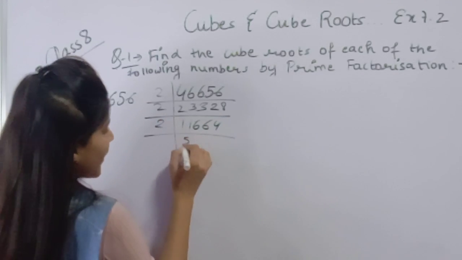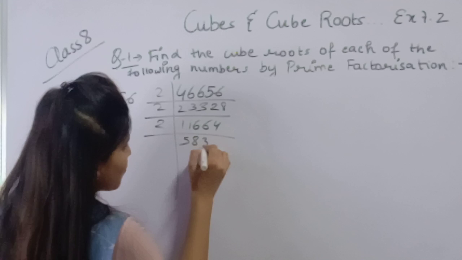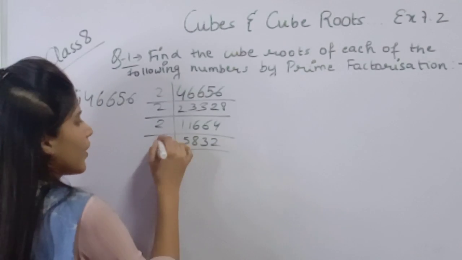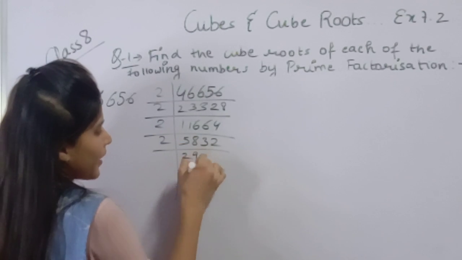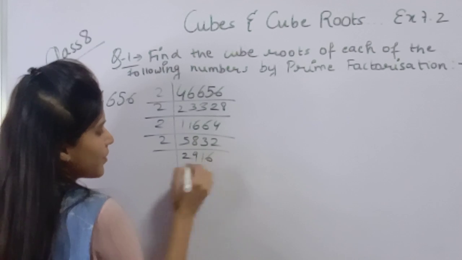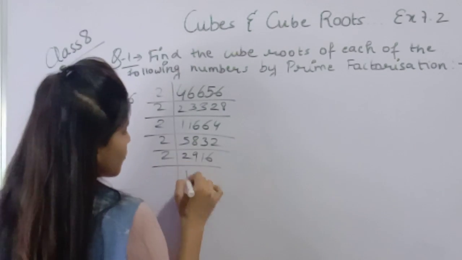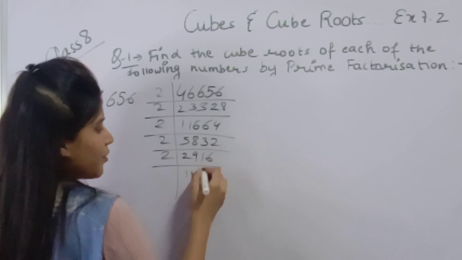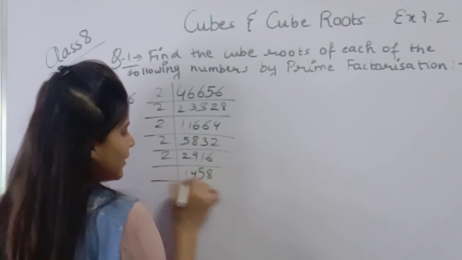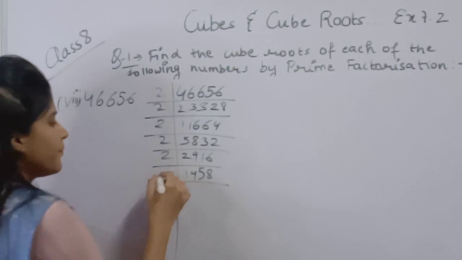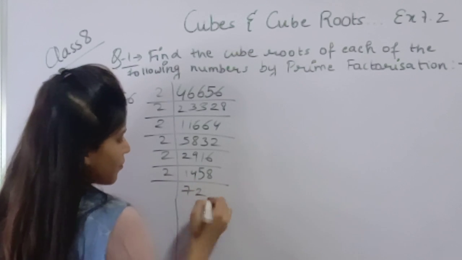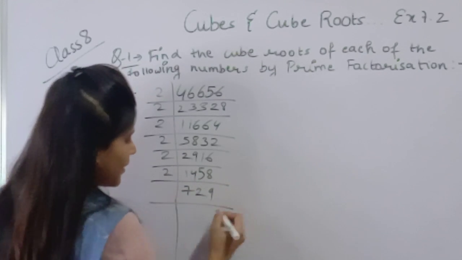Again 2 5s are 10, 2 8s are 16, 2 3s are 6, 2 2s are 4. Again 2 2s are 4, 2 9s are 18, 2 1s are 2, 2 6s are 12. Again 2 1s are 2, 2 4s are 8, 2 5s are 10, and 2 8s are 16. Now again 2 7s are 14, 2 2s are 4, 2 9s are 18.